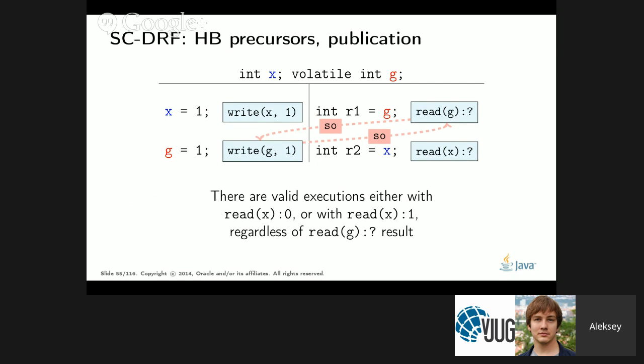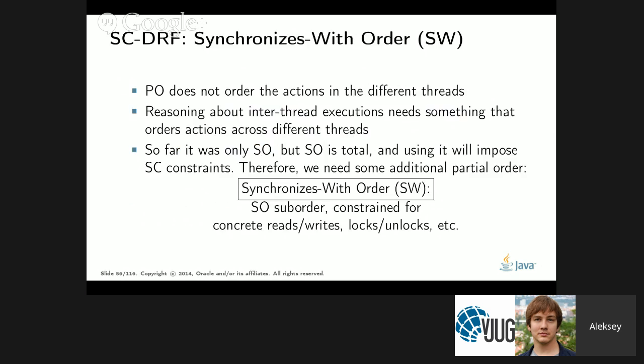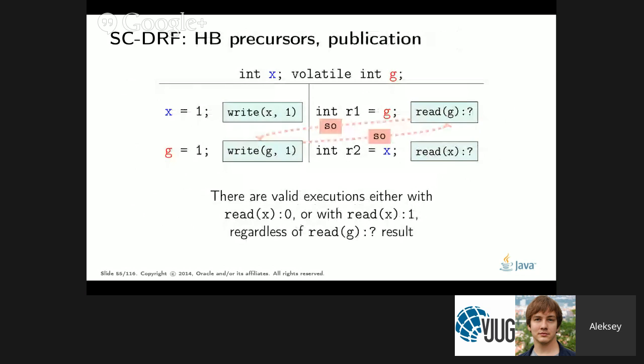So yes, there are plausible executions which can read either 1 or 0 here at R2. And just to reiterate, we don't want to use program order here because that will deny too many optimizations. Program order does not tell you what you can actually read.